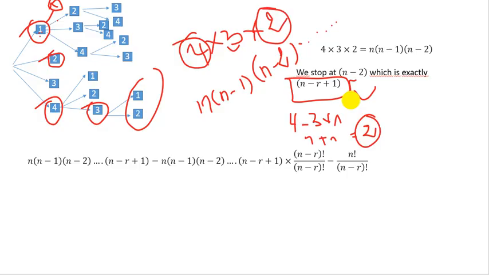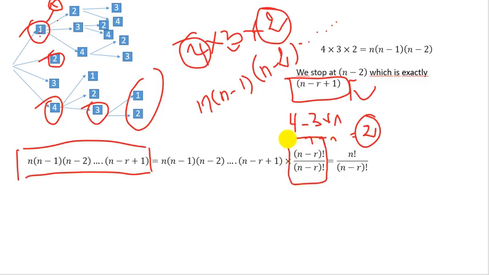Now let's write it again. So this is our formula, and we can multiply this by this factor, which is actually 1, so it doesn't change this. Now after multiplying this by this, we can get something.